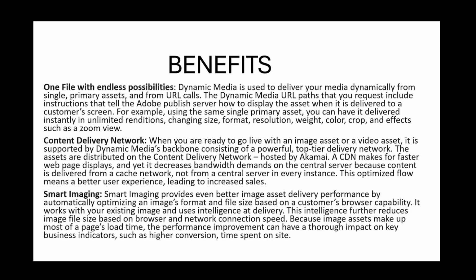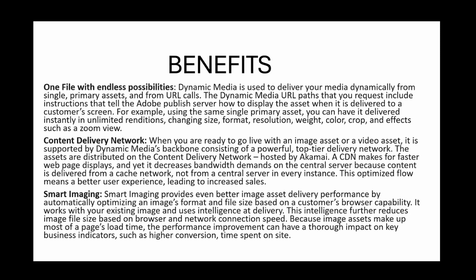And whenever we are talking about smart imaging, it is very sensible. In order to return the response, it will always check the network connection speed and which browser is making a request. Based on that, it generates the response. For example, if one request is coming from a mobile device, and in parallel another request is coming from a large device like a desktop or other large screen, it will evaluate which type of image to generate as a response.